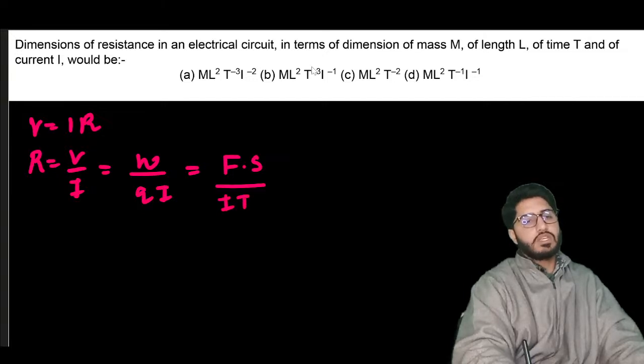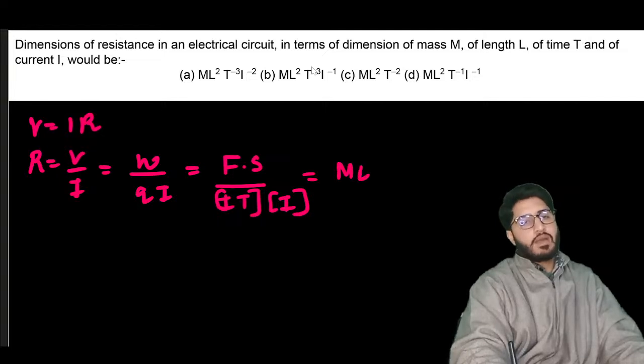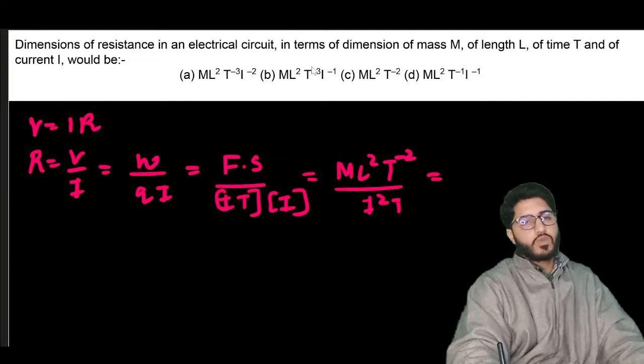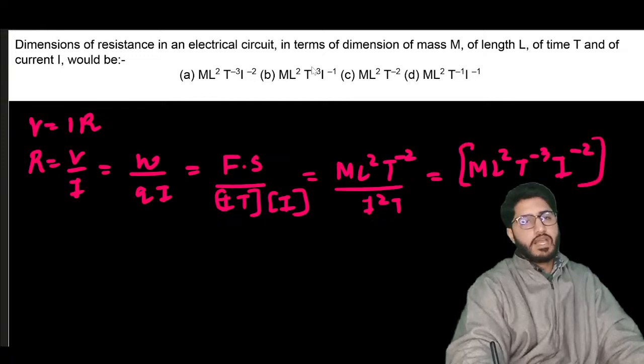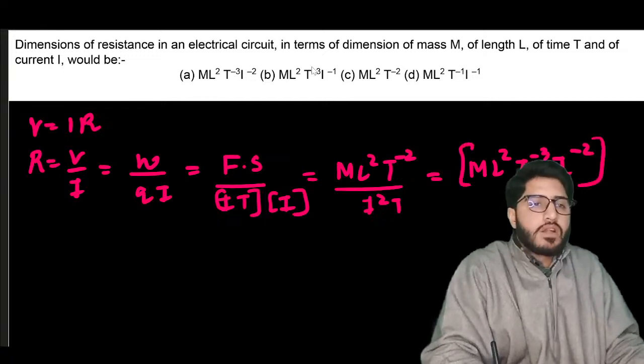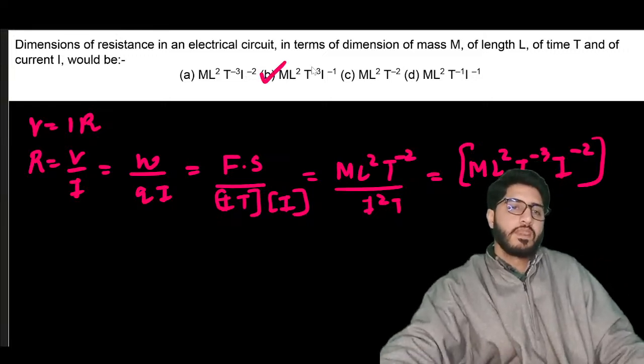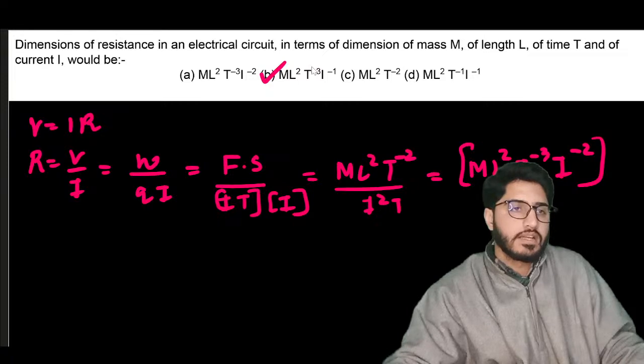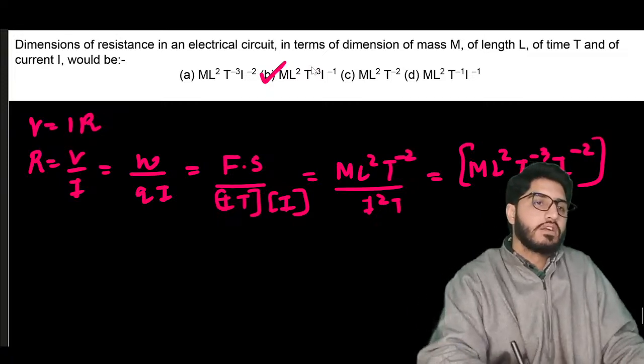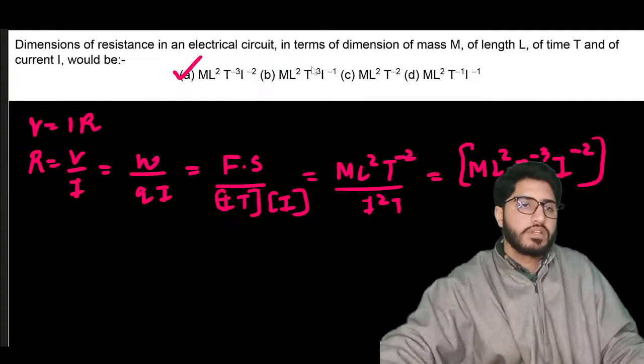So force into displacement, ML2T minus 2, divided by I square into T. So I can write it as ML2T minus 3 I minus 2. Option B? No, option B is not correct. Option A is correct.